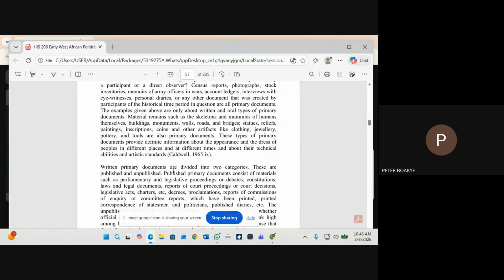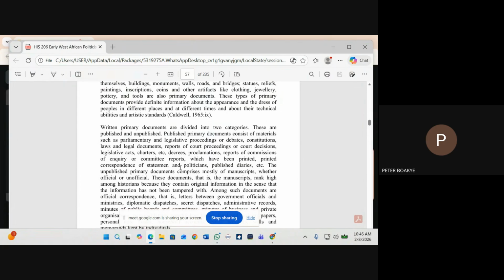Take note, please. These types of primary documents provide definite information about the appearance and the dress of peoples in different places and at different times, and about their technical abilities and artistic standards, according to Caldwell.